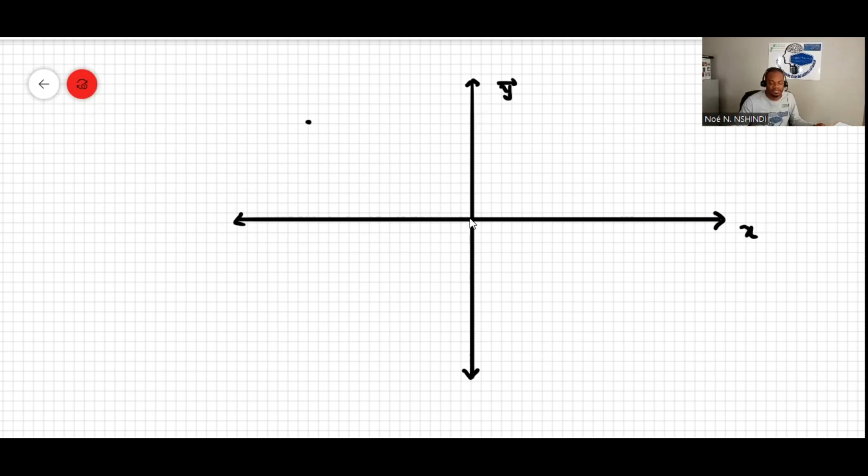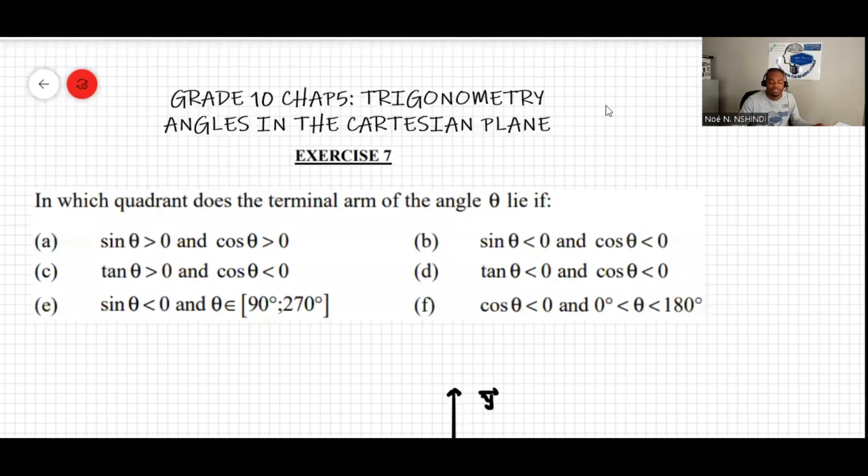We see certain units from zero, from the origin over here, so certain units to the left of zero, and then above, to find the address of any point in the Cartesian plane. But I don't wanna go deep into those things. Let's go back to what I was talking about, angles in the Cartesian plane.